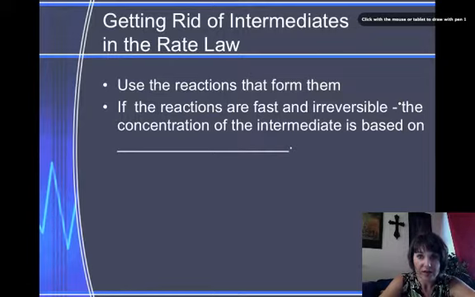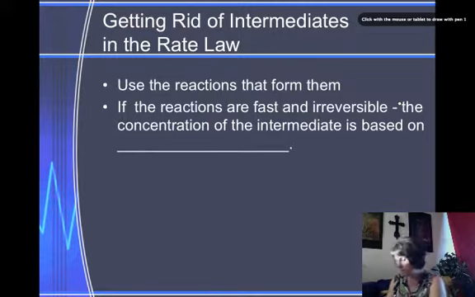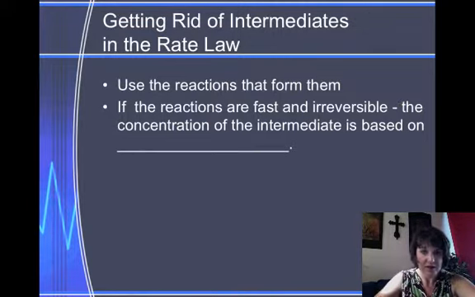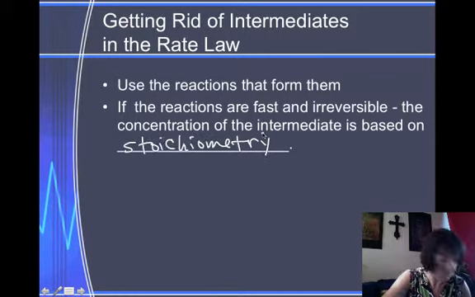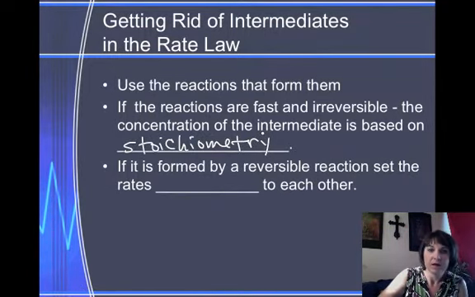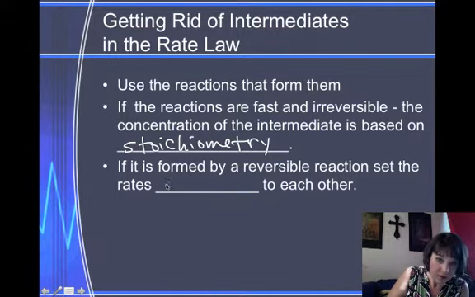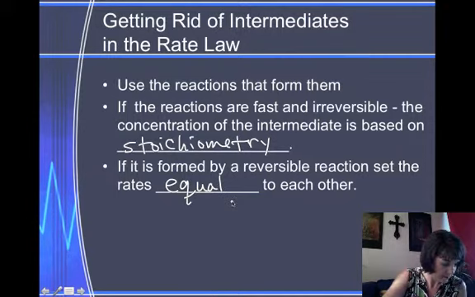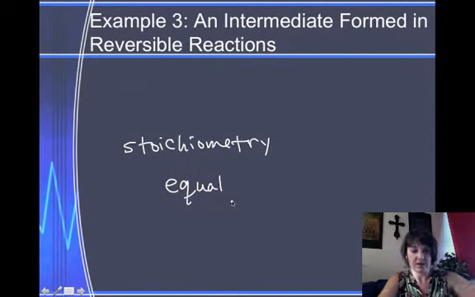If the reactions are fast and irreversible, the concentration of the intermediate is based upon the reactions that form it, so we just look at the stoichiometry. If the intermediate is formed by a reversible reaction, then we set the rates equal to each other. Let me show you how we do this.